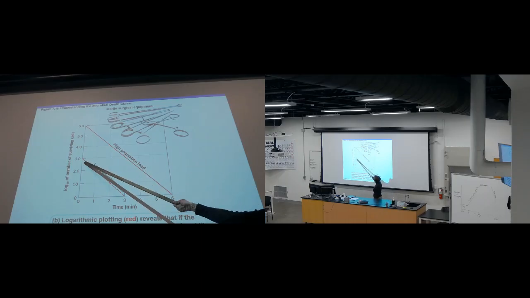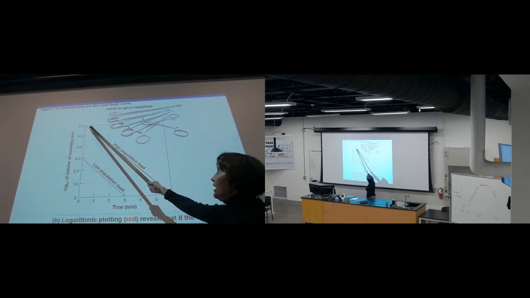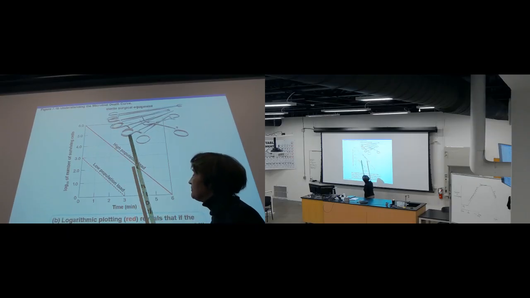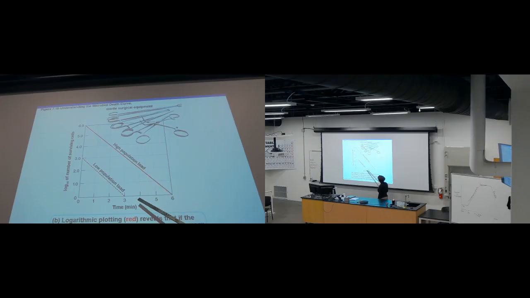Let's say you have some instruments with a low population load, in this case a 3-log, and then another set of instruments that has twice the contamination, so this is a 6-log number of surviving cells. In this case, you can see that it takes around 3 minutes for the low population load to eliminate the microbes, and for the high population load, 6 minutes.